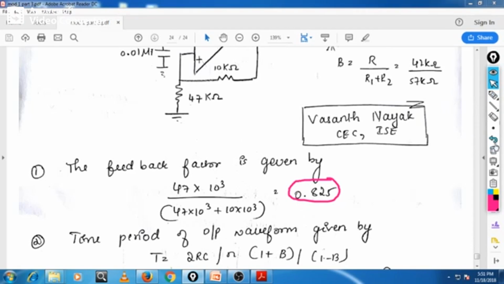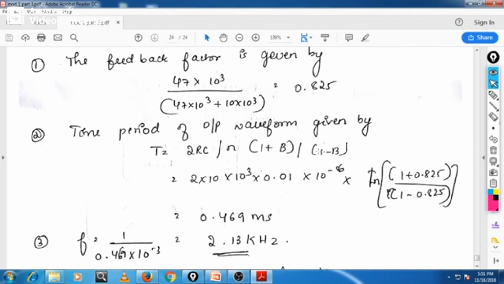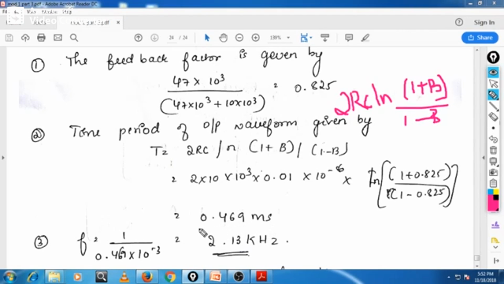Now we know the formula for the output waveform period in a relaxation oscillator, that is T equals 2RC ln of (1 plus B) divided by (1 minus B). Please remember this formula. When you substitute the value of B, you will get 4.69 milliseconds.